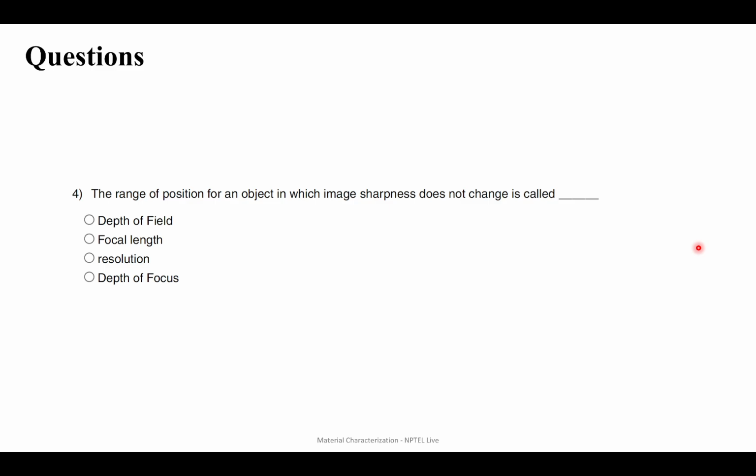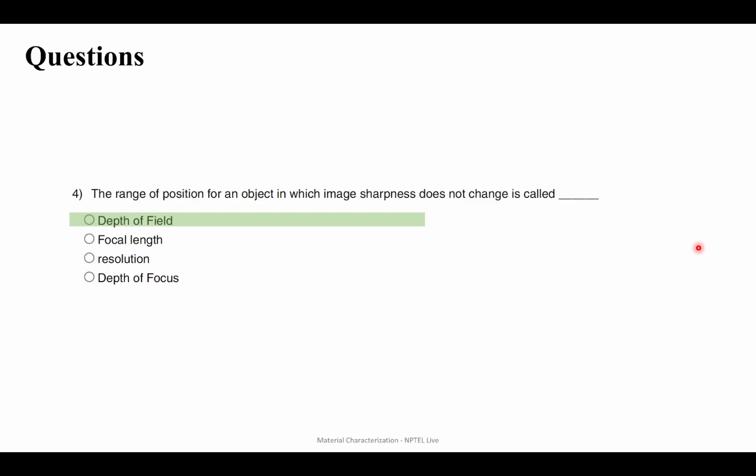The range of position for an object in which image sharpness does not change is called: depth of field, focal length, resolution, depth of focus. That is correct. It is called depth of field. Depth of field is the range of the position of the object which we can move and still see a sharp image.